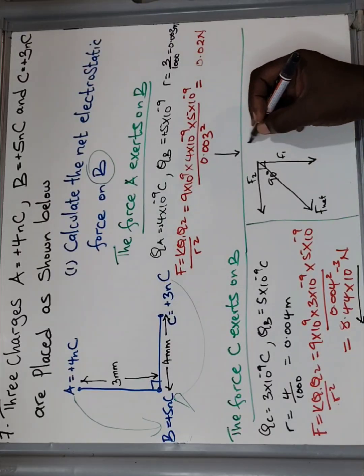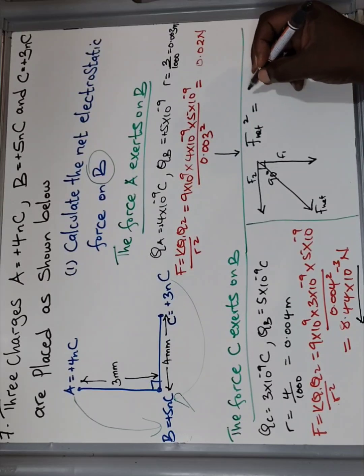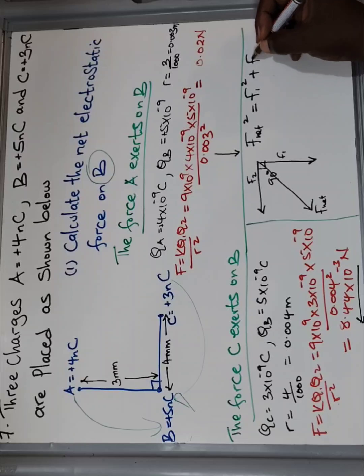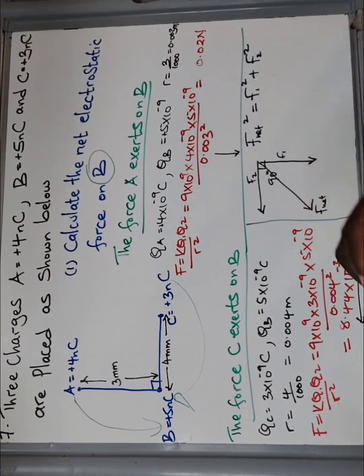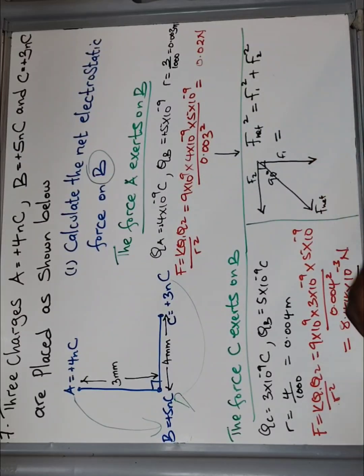So what are you going to say? You're going to say F net squared is equal to F1 squared plus F2 squared. And let's see what we have.